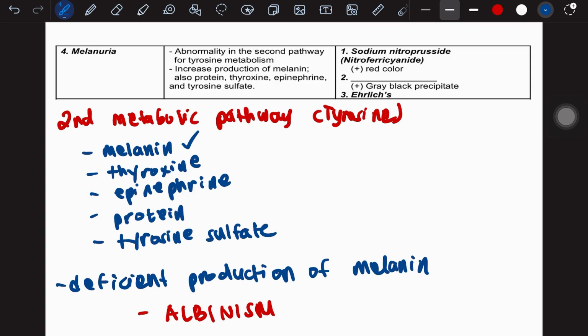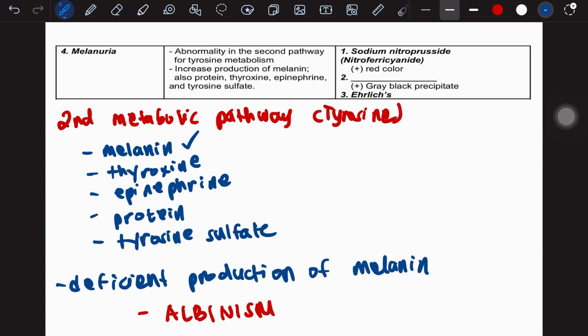So, this is what happens in melanuria. In melanuria, the urine darkens after exposure to air. On the other hand, in alkaptonuria, the urine darkens after it becomes alkaline. So, do not confuse the two.